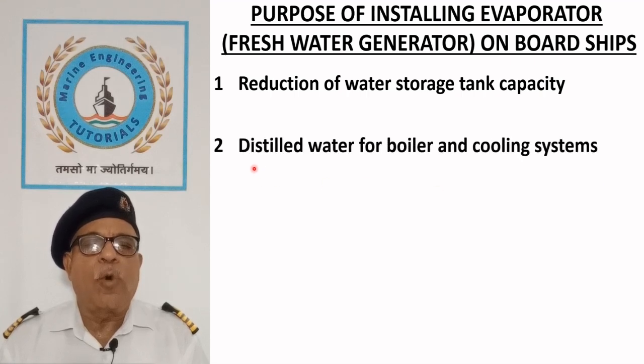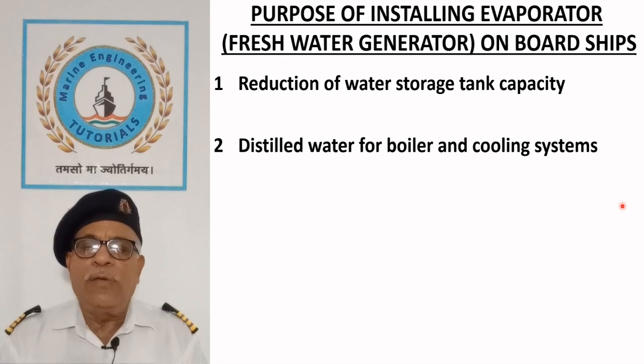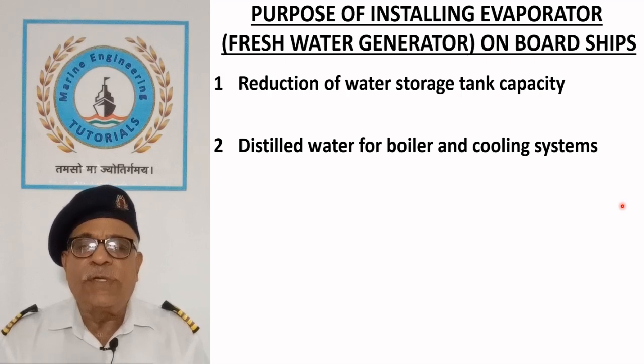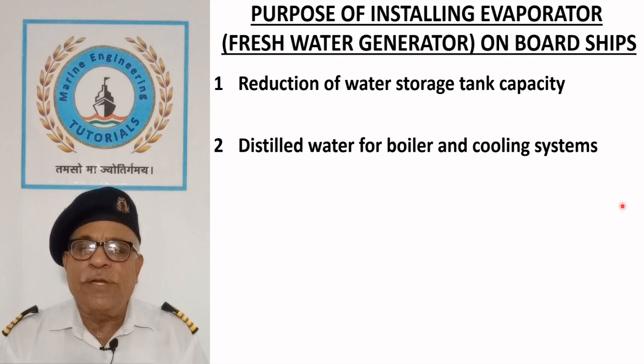Distilled water for boiler and cooling systems. Distilled water is required for boiler and cooling water system, which is not easily available in most of the ports. Thus, freshwater generator becomes a necessity on the ships.